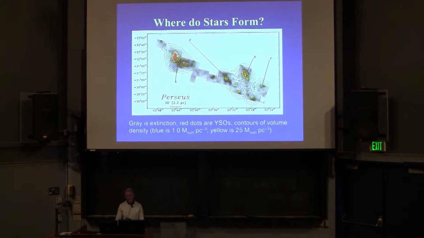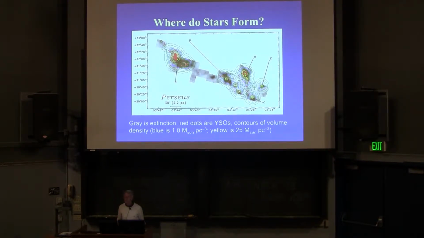So here's the Perseus Cloud, which I showed you a little bit yesterday, but now we get a bigger picture. And you can see that the YSOs are plotted in red, and they're highly concentrated. The contours there are contours of surface density, or actually volume density, inferred from the surface density of the YSOs.